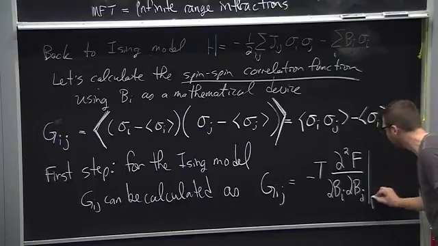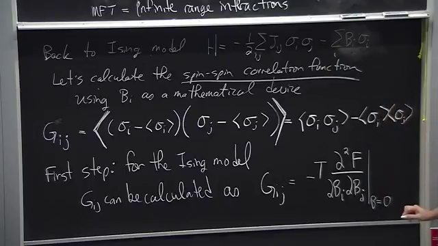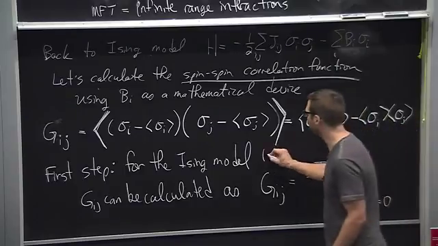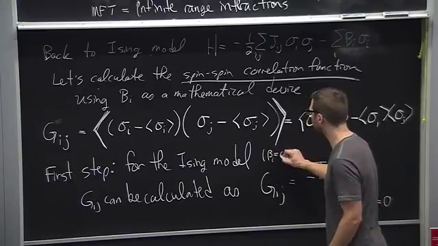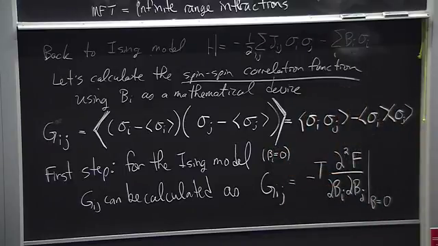And I'm going to set the field equal to 0. So this is really only valid for the Ising model with none of these fields. Okay, and then we're going to use this to calculate this thing here. Okay, so we have to prove that thing first.